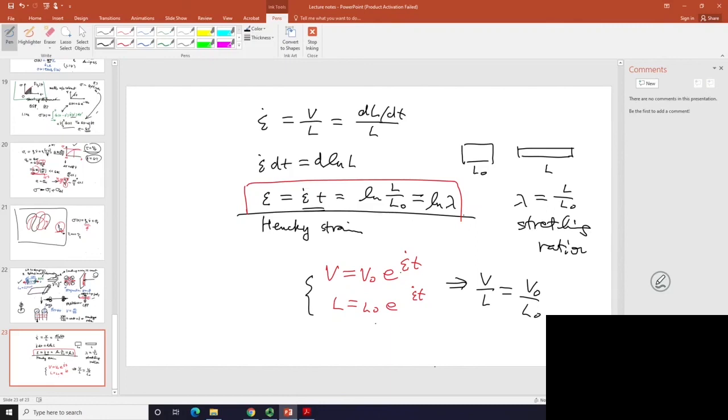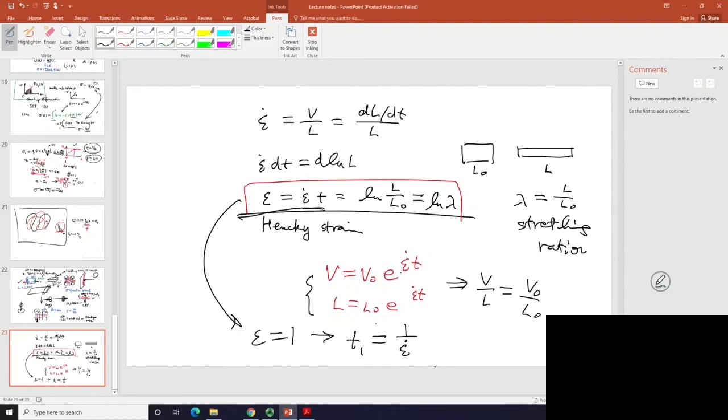This is a typical mode for people to examine polymer melts so that we could have a sense of what is 100% strain. 100% strain, by definition, is going to take a time of 1 over epsilon dot, just by this expression, definition.